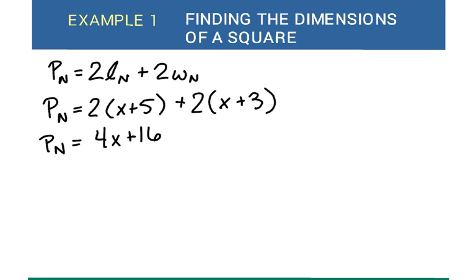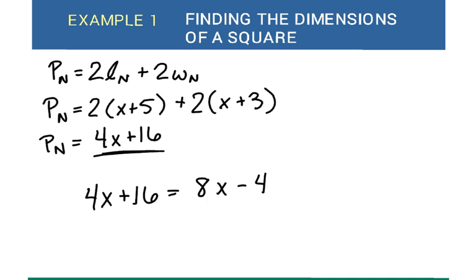So our new perimeter, which is this right here, 4x plus 16, is equal to 8 times the original rectangle. Our original rectangle was just length x, so 8 times x, and then it's 4 inches less, so minus 4.